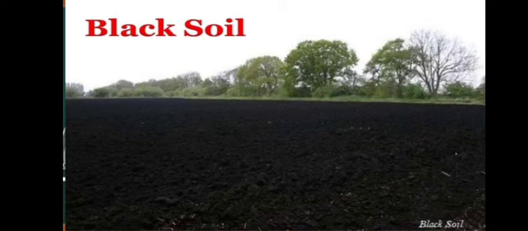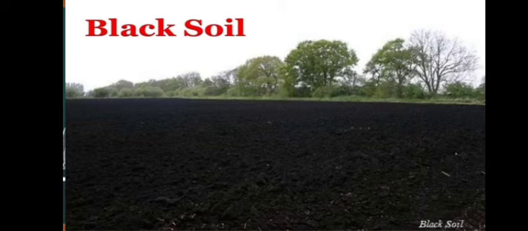Now the next type of soil is black soil. Here you can see the texture and the color of the soil. I have told you that the color and the texture of the soil depend upon the parent rock. If the parent rock is black in color, and after the process of weathering, what is weathering?